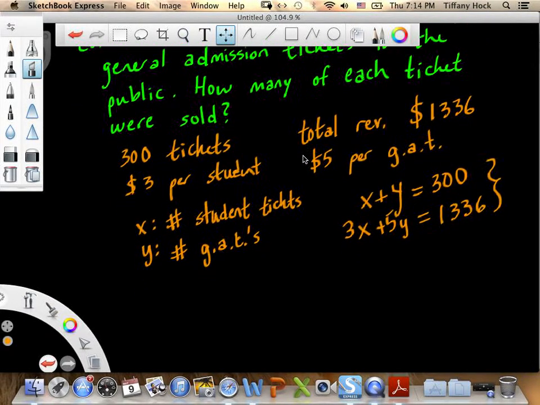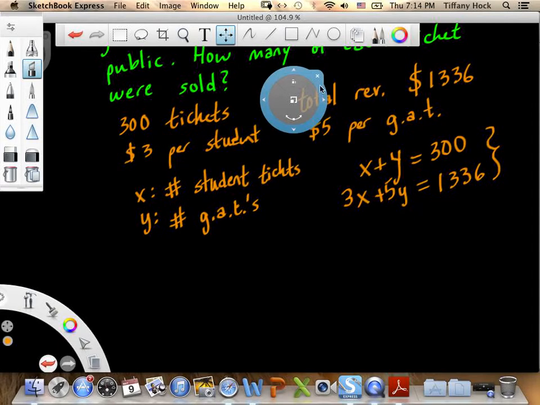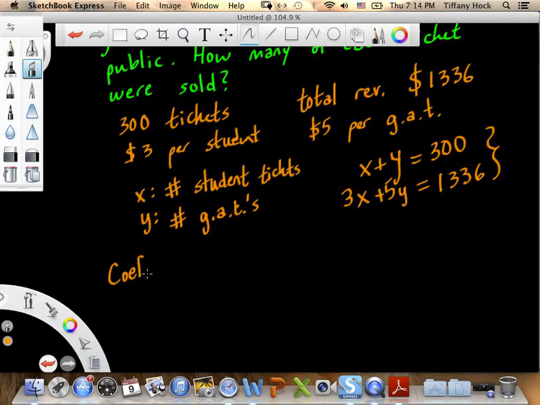Since we're using matrices, I need to lay this out as a matrix equation. If you remember from the intro video, we first need to come up with our coefficient matrix. I'm just going to abbreviate that as coef. That matrix is the coefficients, or the numbers in front of my x and y variables. In this case I have 1x and 1y.